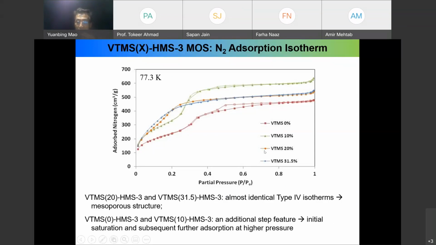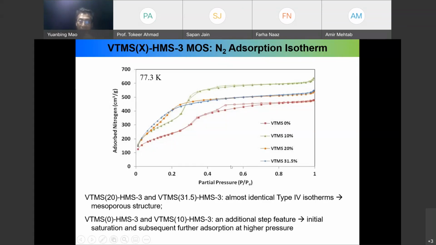So that represents these two plots you will see here. These are those two samples. But then for the other two samples, which are VTMS 0% and 10%, you will see that there is a change in terms of the slopes.